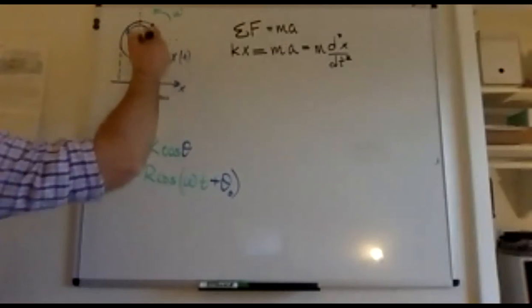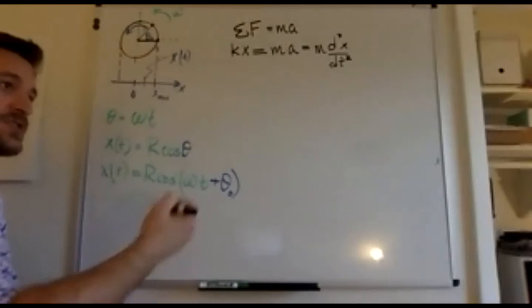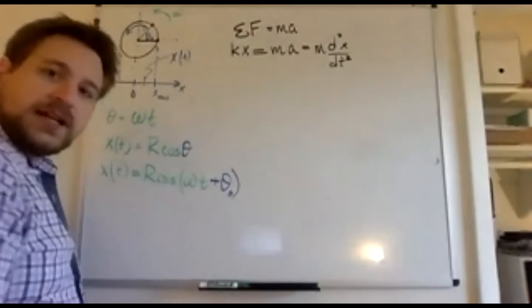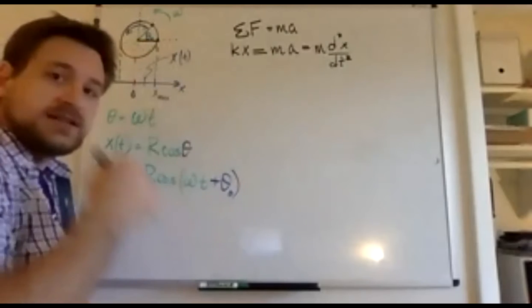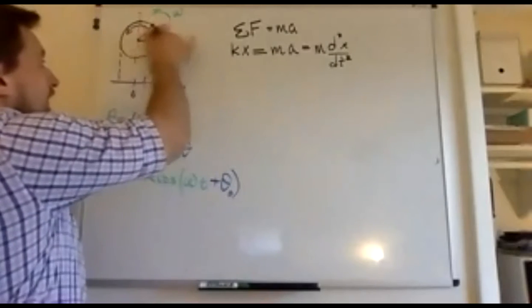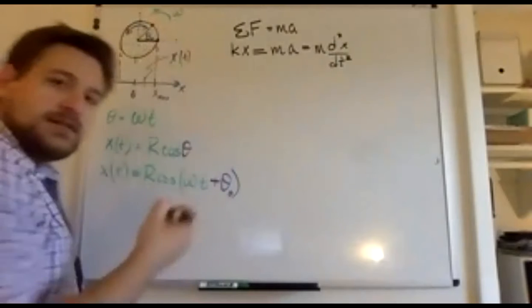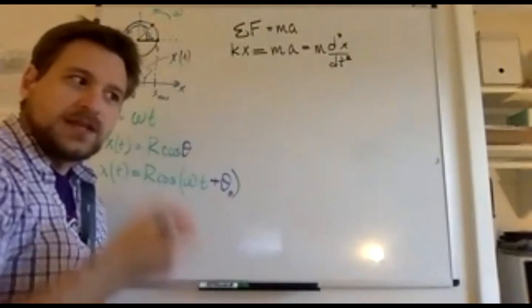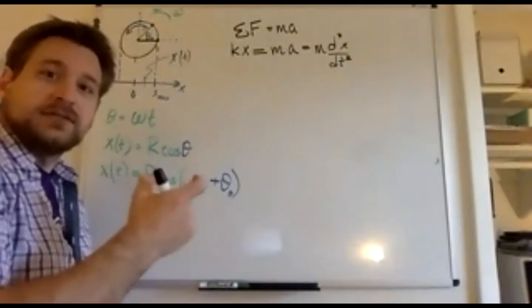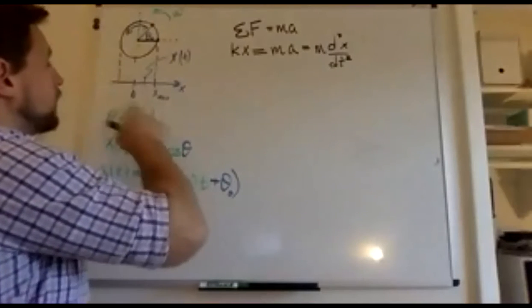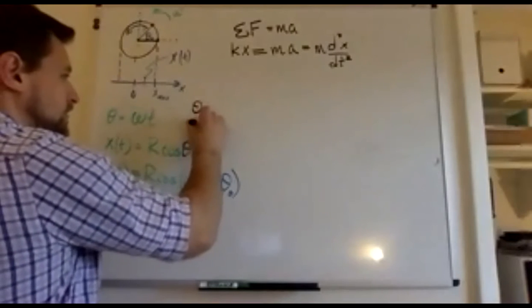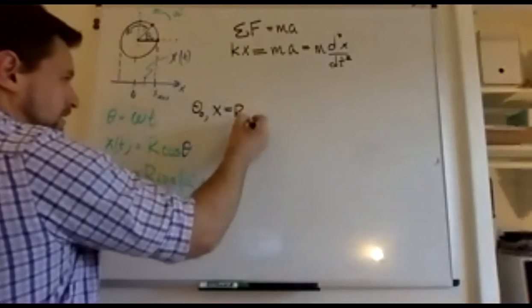That is the largest possible x-coordinate we're ever going to have. We're as far from the center of that circle as possible. So we know that that x-coordinate, when theta is 0, should be the radius. It's a radius away from the center. So when theta is 0, x should be r.